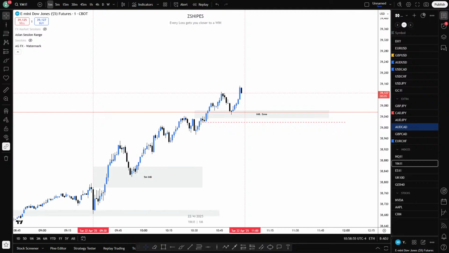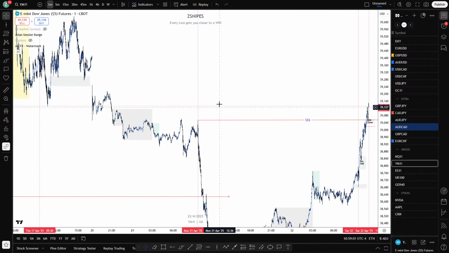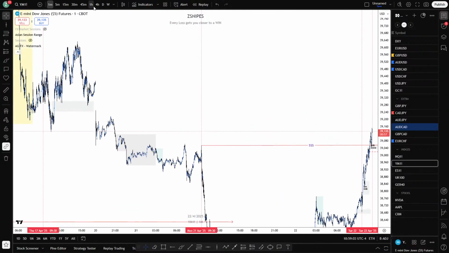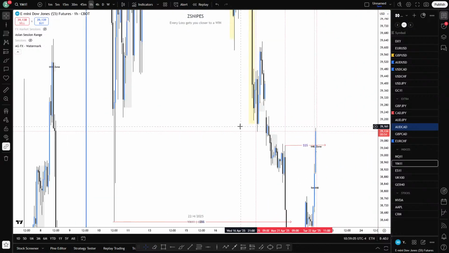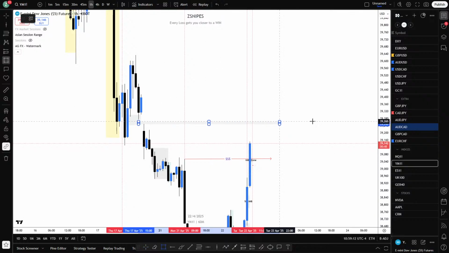Stop loss. All right, cool. What would be the next target here? What are we coming for? This gap. All right, that's going to be my target for the day.